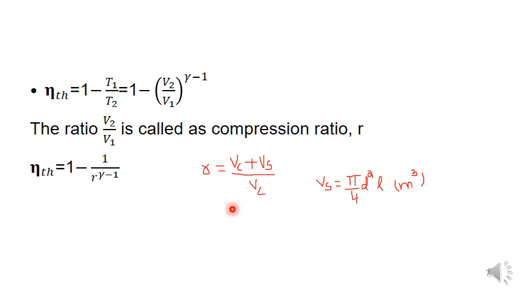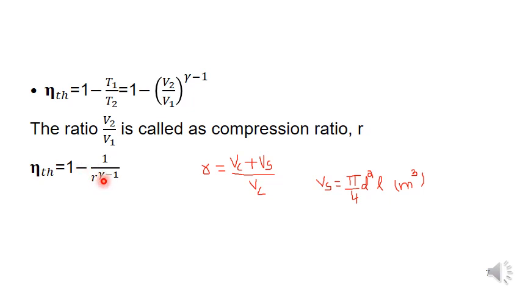So the above expression indicates that the efficiency of the Otto cycle depends only on the compression ratio R and the adiabatic index gamma. Since for air gamma is assumed to be a constant value, and we know that it is 1.4, the efficiency of the Otto cycle is a function of the compression ratio only.